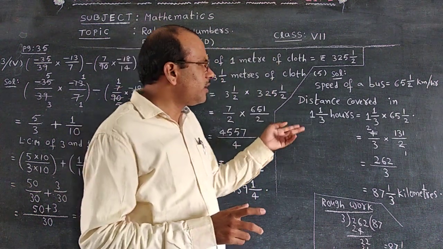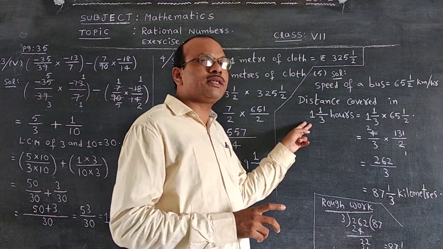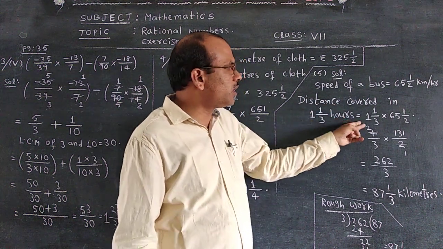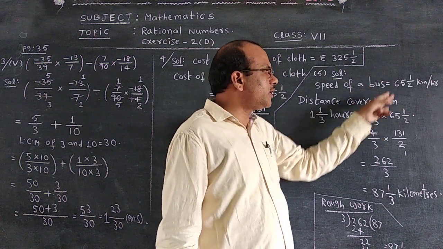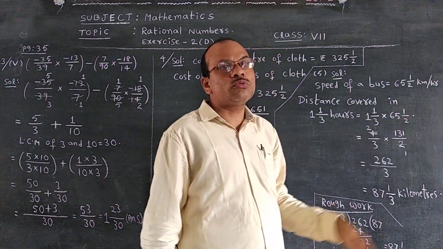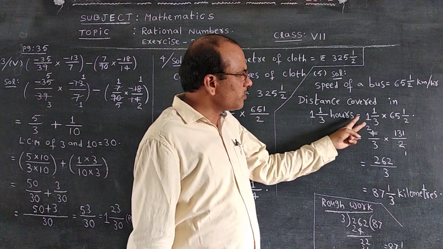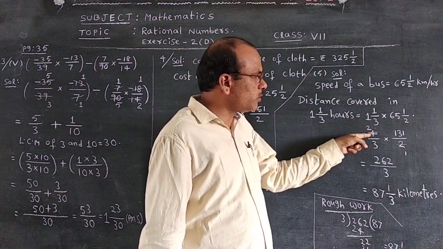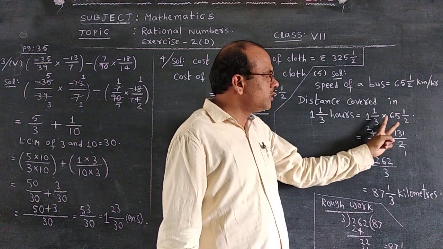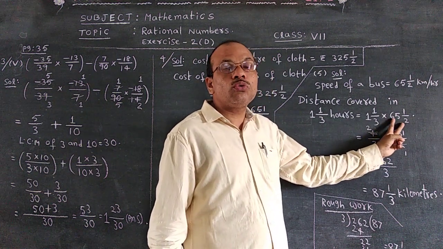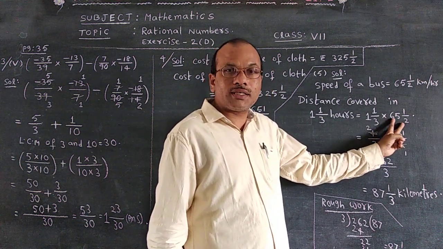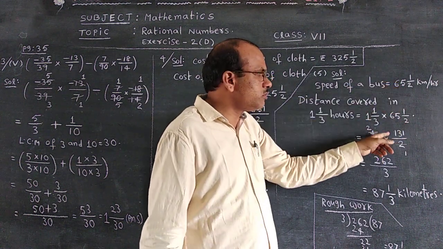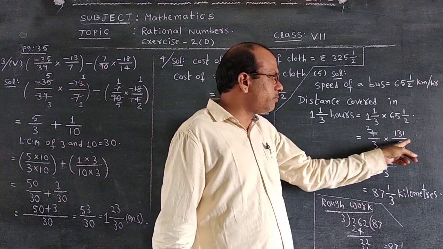The same way, the distance covered by the same bus in 1 by 3 hours of time is equal to 1 by 3 into 65 1 by 2 kilometers. Then 1 3s are 3, 3 plus 1 is 4, by 3, into 65 into 2 gives you 130. 130 plus 1 gives you 131 by 2.